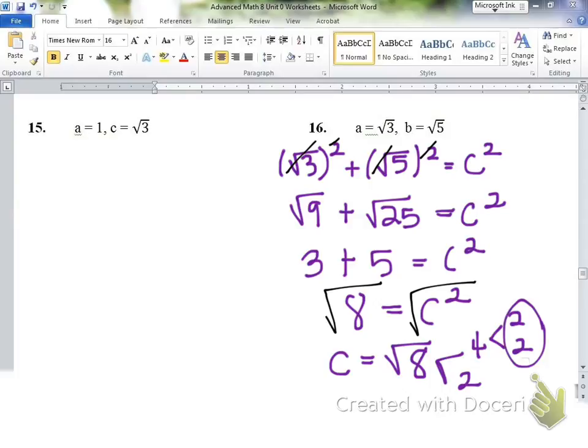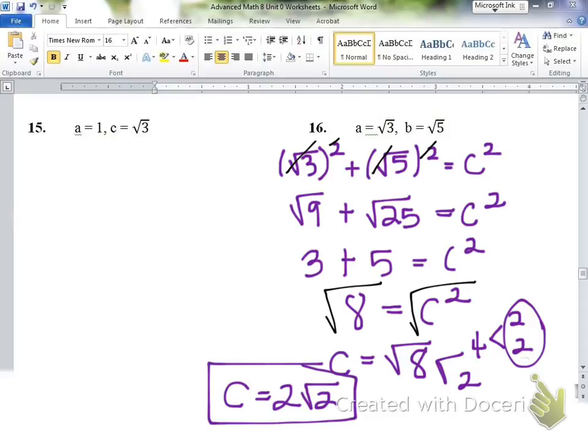So circle one pair of 2 and pull it out. So that's actually going to leave me with c equals 2. And then that other 2 stays inside the square root because we couldn't pull them out. So it's going to be 2 square root 2. And that's your answer.